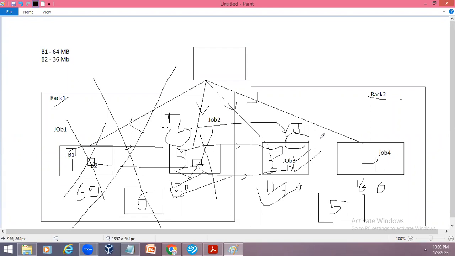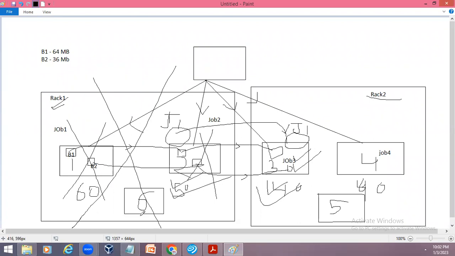I'm saying, suppose rack 1 goes down, some disaster happened, and you completely lose your hardware rack. If you keep everything in one single rack, you will lose your blocks forever, everything will be gone.